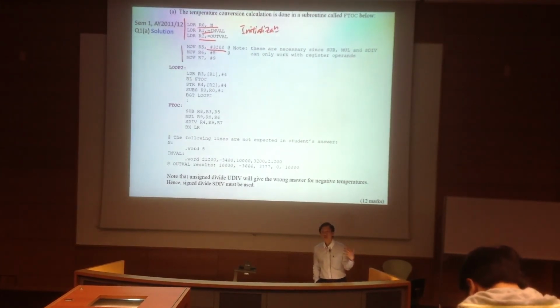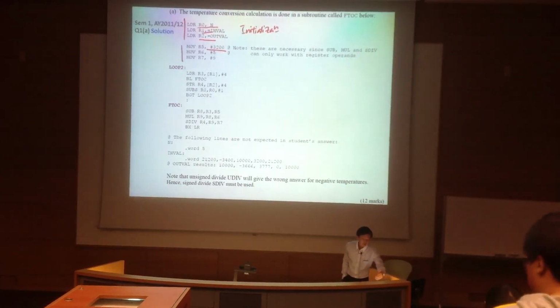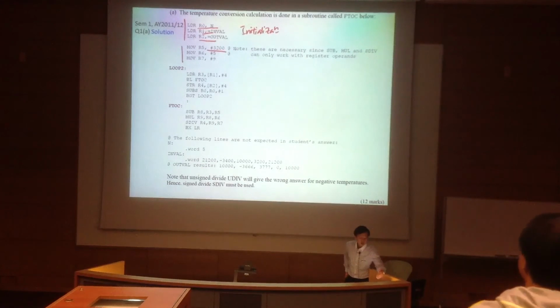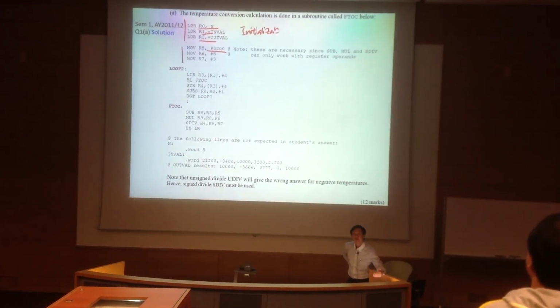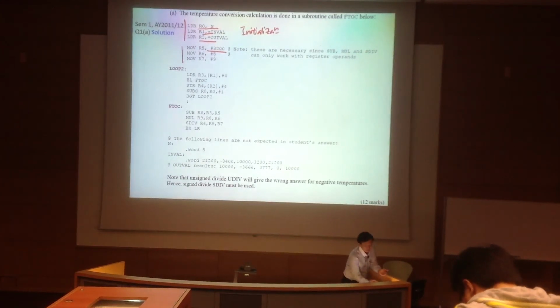Now actually this 3200, I can subtract an immediate, so it's not so important to move it into a register. However, the 5 and the 9 is going to involve multiply and divide. And if you remember the format for multiply and divide, you cannot specify immediate for multiply and divide. It has to be in a register. So that's why I have to put the 5 and 9 in registers, even though they are small values.